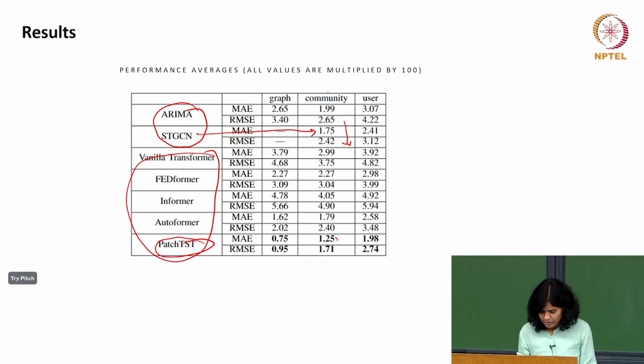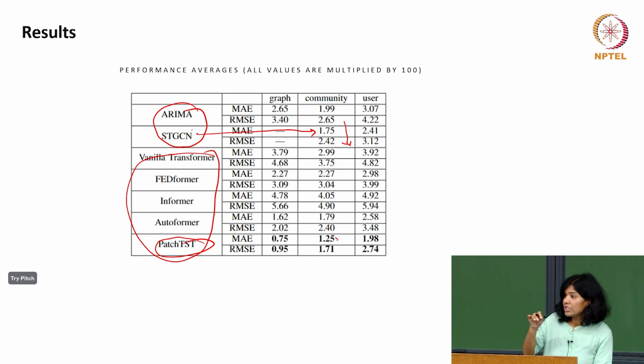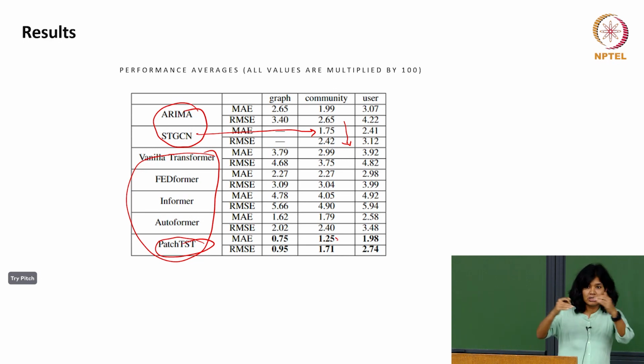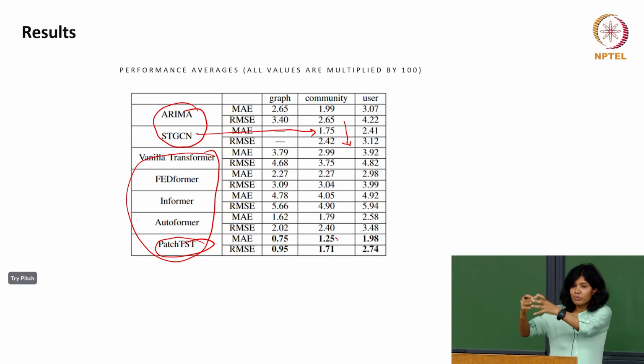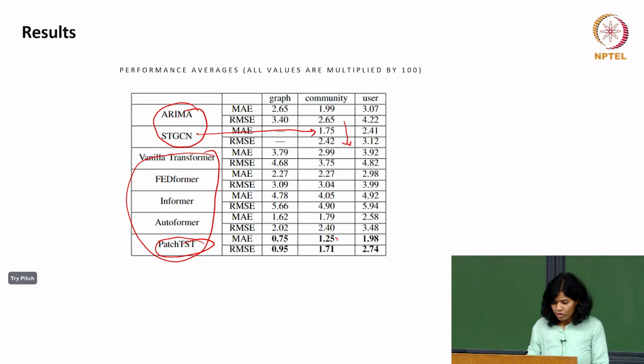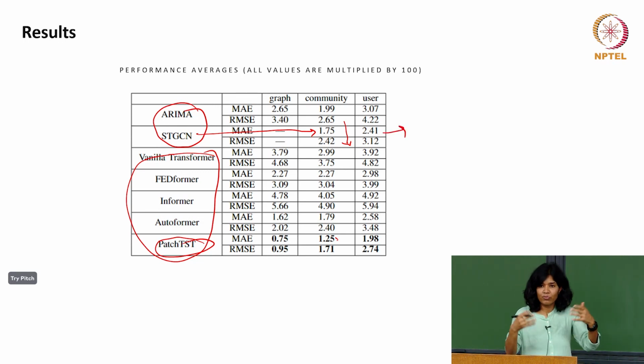In this case, when we are adding relationships, this community is connected, this neighborhood is connected, we're putting those relationships explicitly, and we have an improvement in both. The mean average error is going down, the RMSE is also going down. So that means the structure does matter when we forecast.